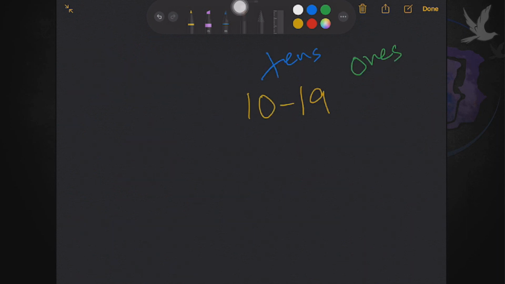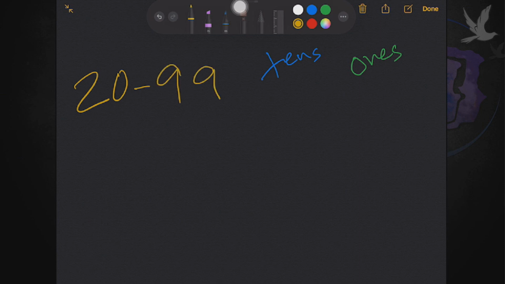Let's now try numbers going from 20 to 99. Again, we are not going to talk about this one by one like what we did earlier, because those numbers earlier, most students tend to find difficult.